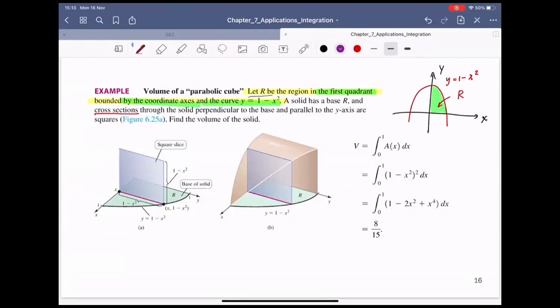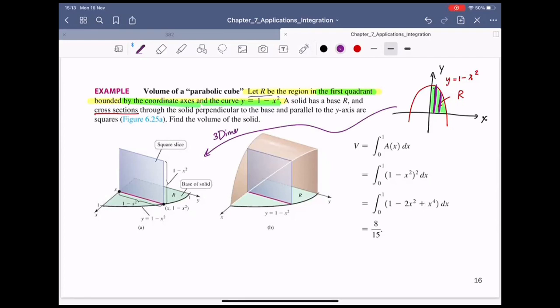That means you cut. Look at the picture I just drew. I cut the solid parallel to the y-axis, you can see the purple line here. Every time I cut, I am going to have this square.